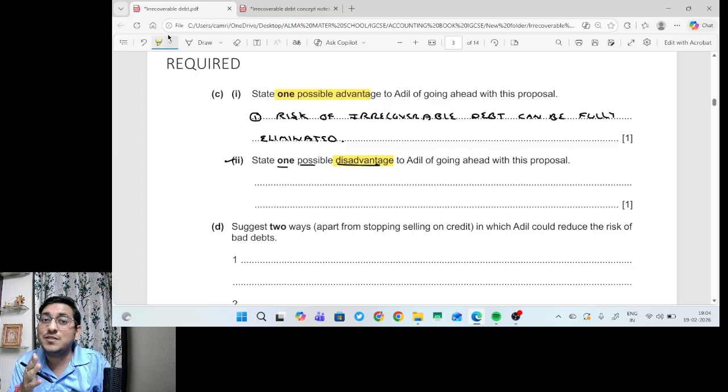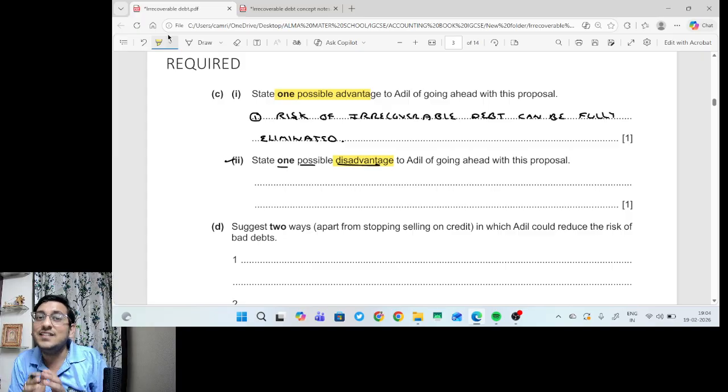Can I say the customer may shift to a different competitor? They can say to Adil, Adil, for so many years you have been giving us credit and suddenly you stopped giving us credit. There is a relationship between the supplier and the customer.